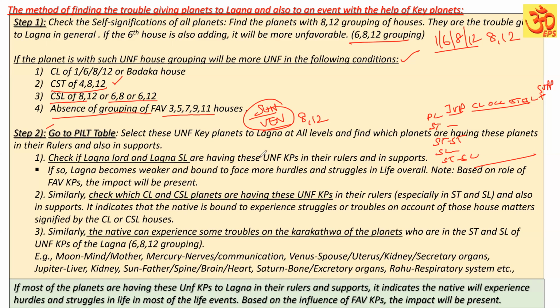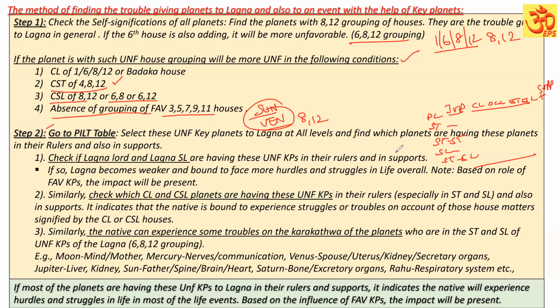In the PILT table, there is one option to know which planets are having these unfavorable key planets, or any planet, ruling their rulers or in supports. Whether all levels or only a particular planet or star, or which level you want to know, or combined levels, options are there.